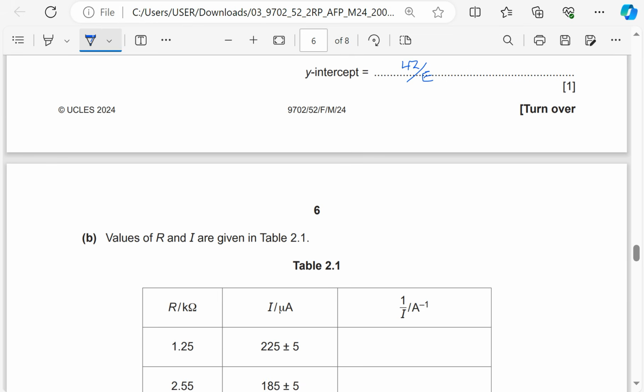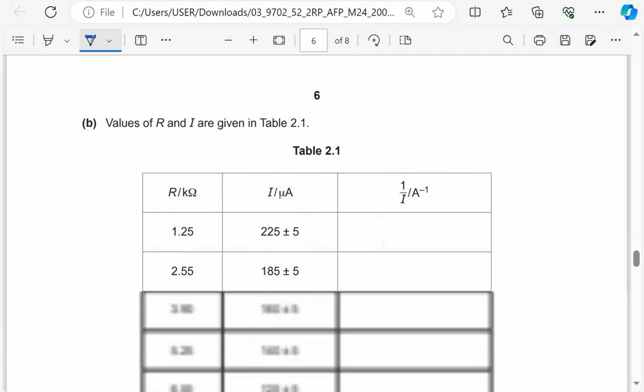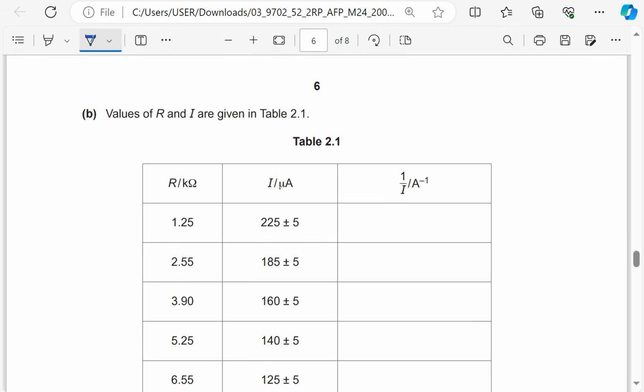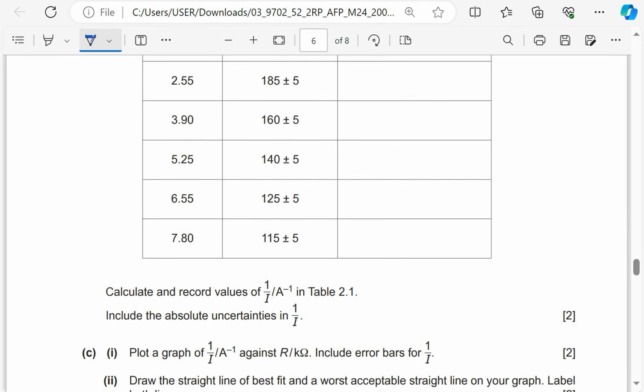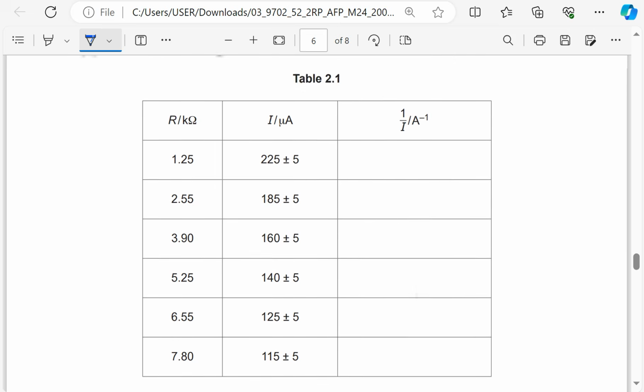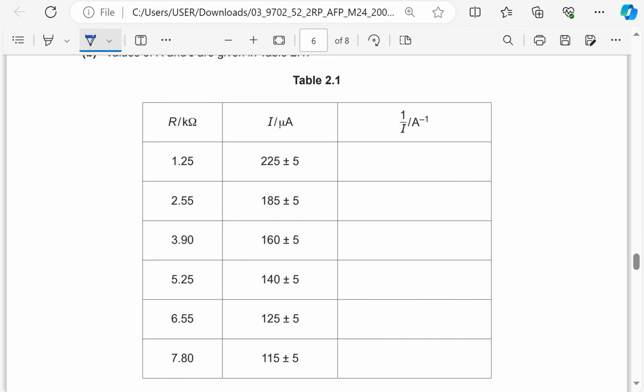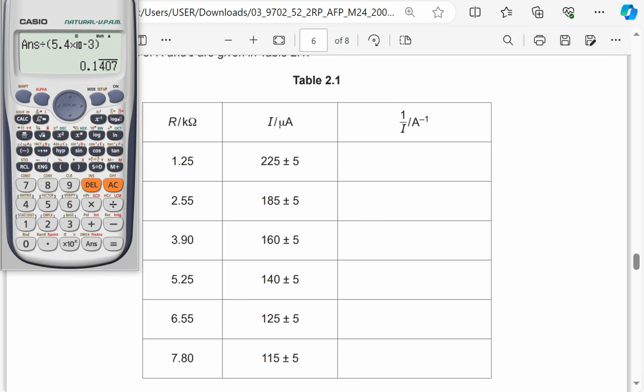Values of R and I are given in the table. Calculate and record the values of 1 over I. Include the absolute uncertainties in 1 over I. So I'm going to maintain the same number of significant figures, or you can increase it.